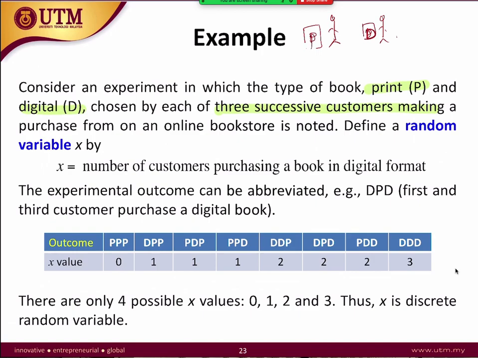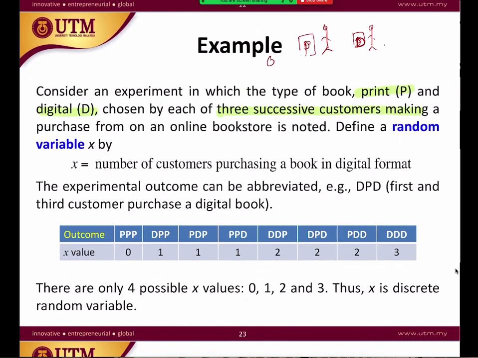We're going to calculate for 3 consecutive customers. So we have customer 1 buying digital, let's say customer 2 buying printed. There are 3 successive customers. How do we calculate?